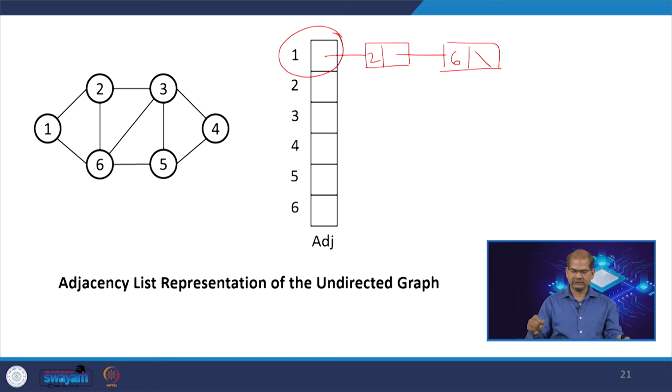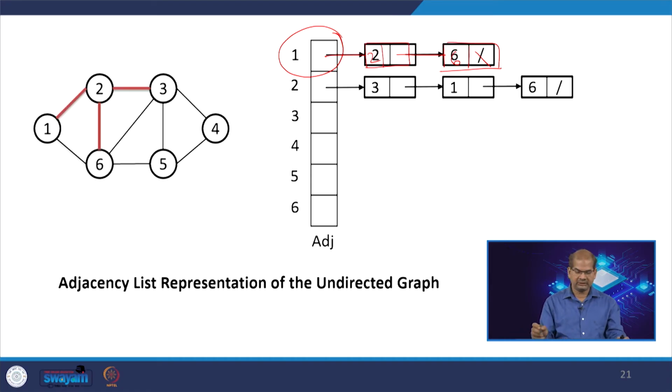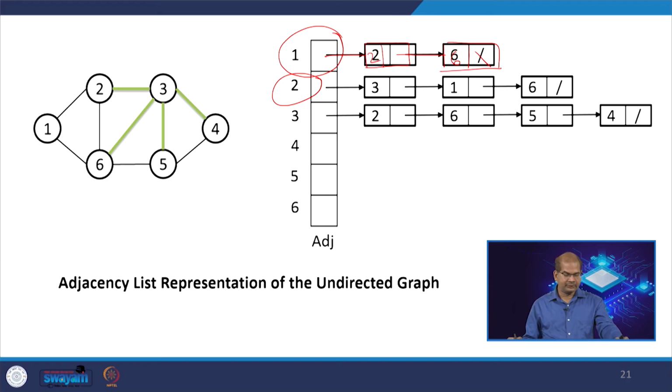So, this is an example. Node 2 is connected to 3, 1 and 6, so 3, 1, 6 should be in the list for node 2. Similarly, 3 is connected to 2, 6, 5 and 4.